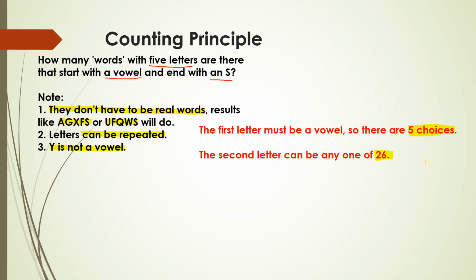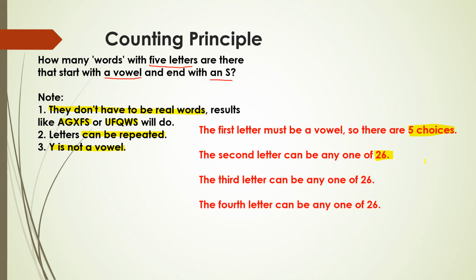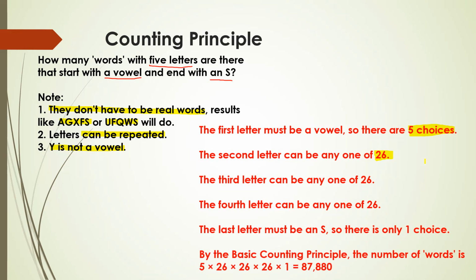The rest of the alphabet is included in the second, in the third, and in the fourth letter, but it must end in an S, so there's only one choice for the last letter. Now look at the number of words that we can make by the counting principle.